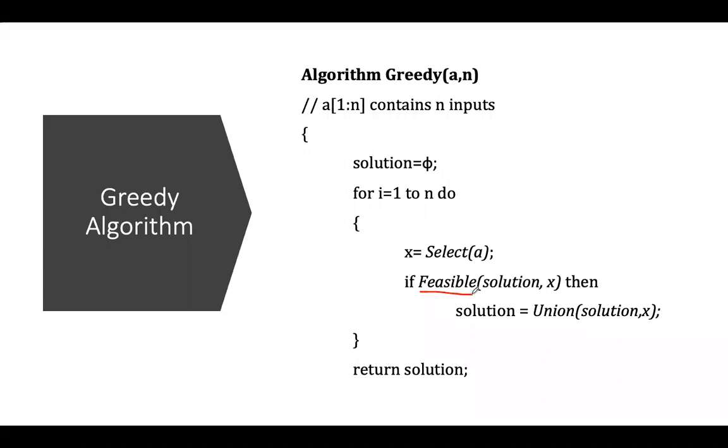If it is feasible, then we add that input to the solution. We check for each input whether it will improve our solution or not. If it is improving, we consider that input. Otherwise, we discard that input.